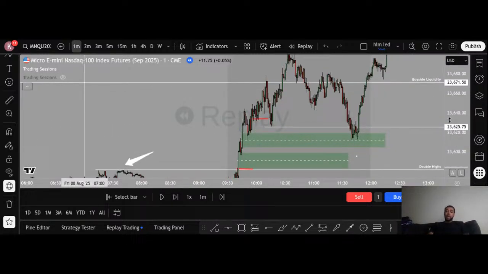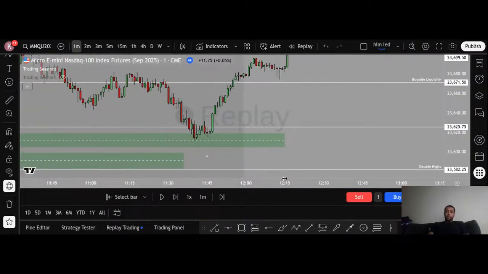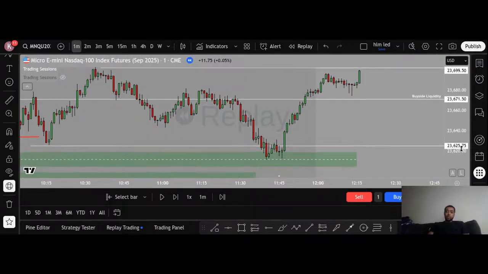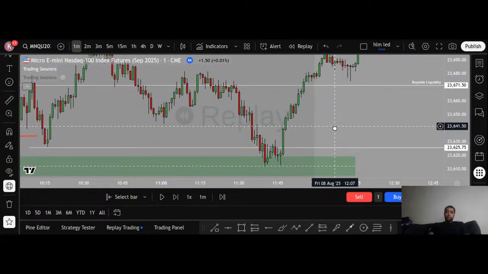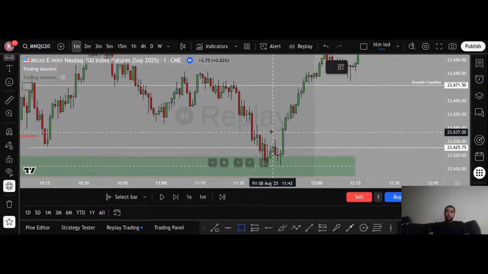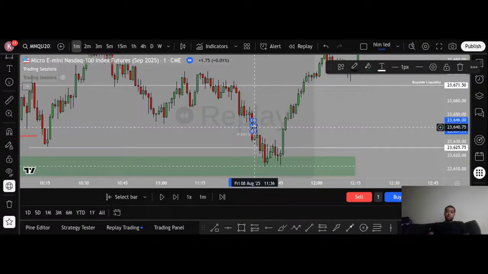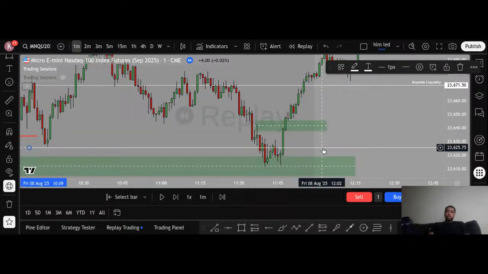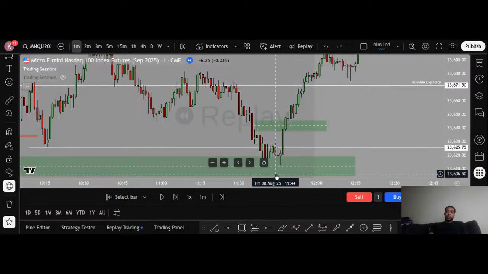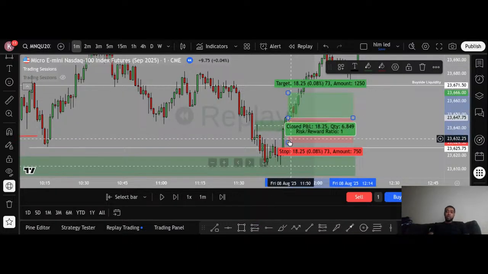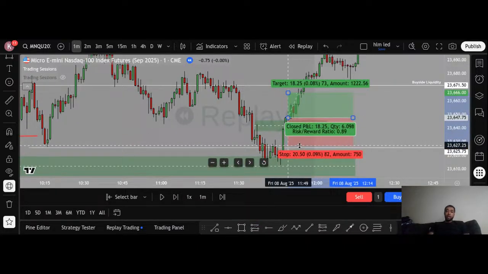Where could you have gotten in? Remember, now I'm bullish. I'm looking for inverse fair value gaps. Could have waited for the expansion, this breakaway. Could have gotten in the moment it came back into it. Stop in the lower half.